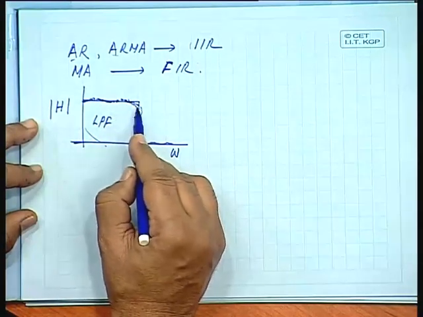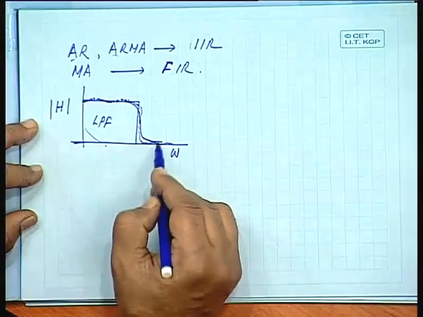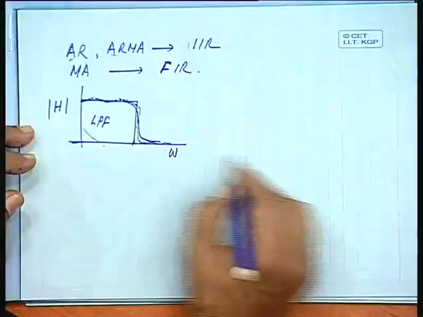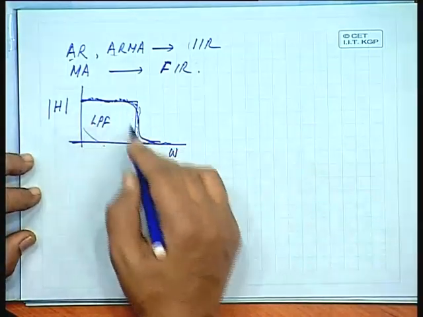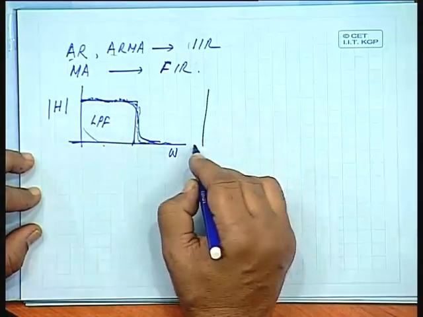All right, there will be a tolerance within which you will be restricting the filter gains, and the design specifications will be given in terms of tolerance and other parameters like cutoff frequency and so on. You have to design a filter. So this will be the type of a low pass filter.